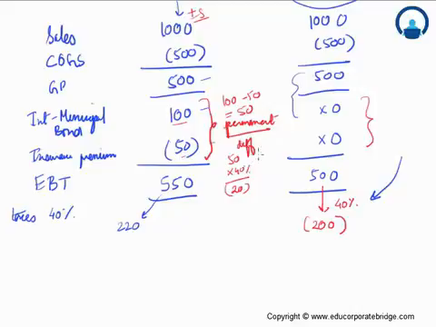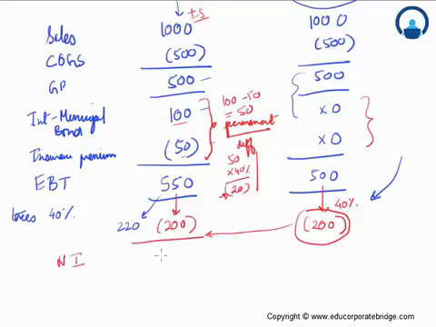So what we essentially show in the income statement to the shareholders is that we don't include this 20, because this is the result of the permanent differences. So here we directly take this number, which is 200, and show it in the income statement, so that your net income or the profit comes out to be 250.